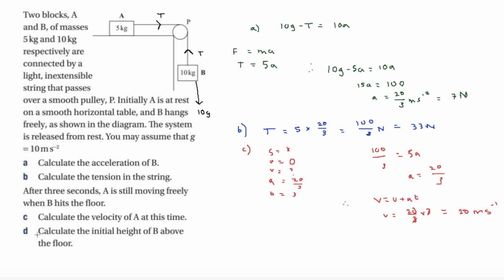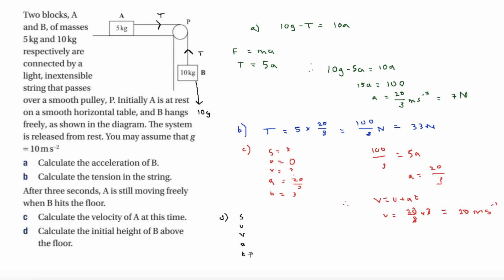Then it asks us to calculate the initial height of B above the floor. Because it ends when B hits the floor, we know that its initial height is just going to be the distance that it moves before it hits the floor. So that's going to be another SUVAT equation, but this time we're trying to work out what S is, so how far it moves in those 3 seconds.